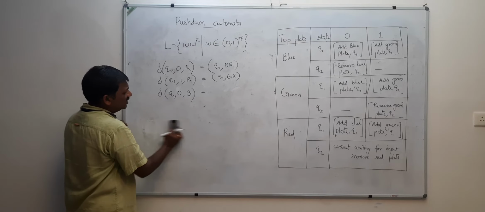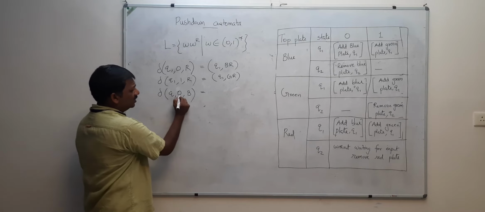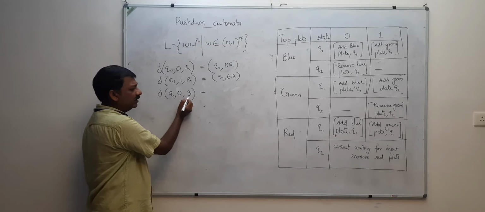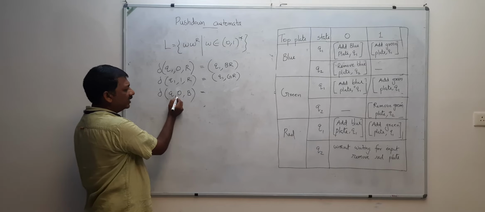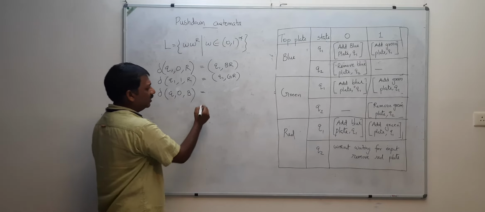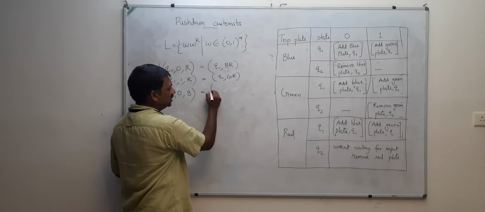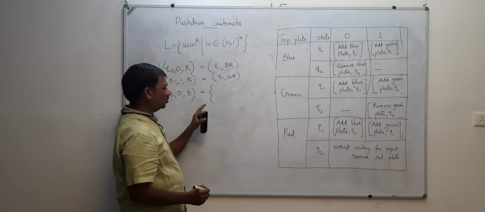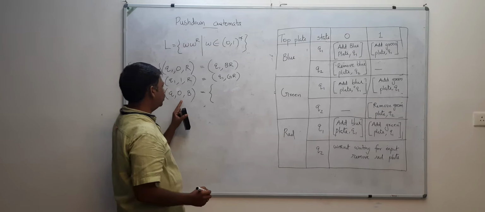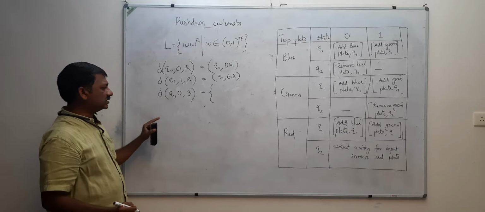So here at this point, if B on top means the last input symbol you have read is 0 and the next input is also 0, what will happen? Suppose you are having two transitions.